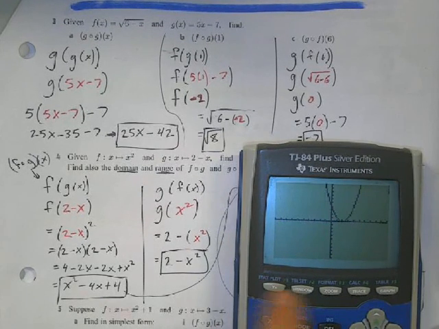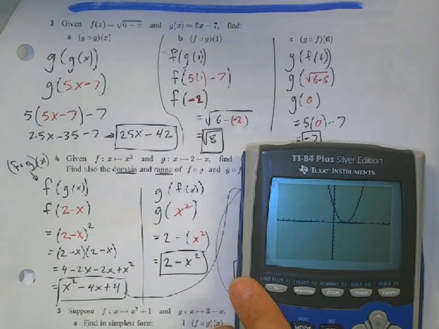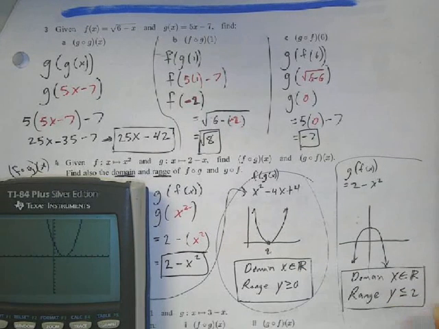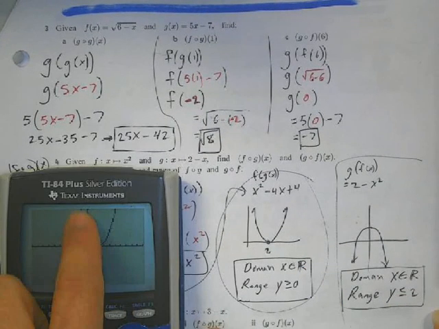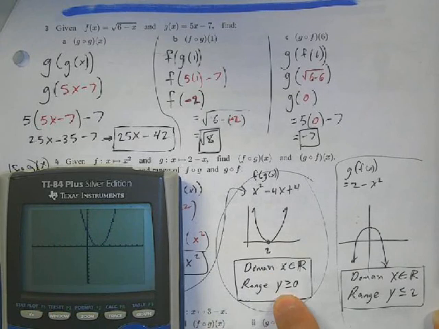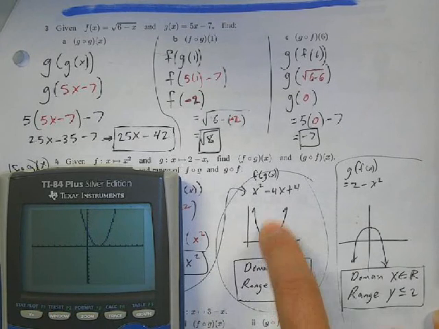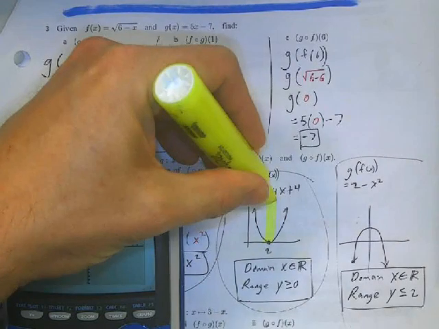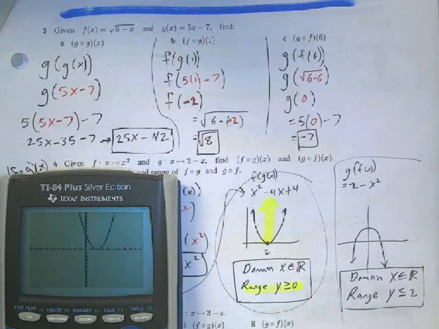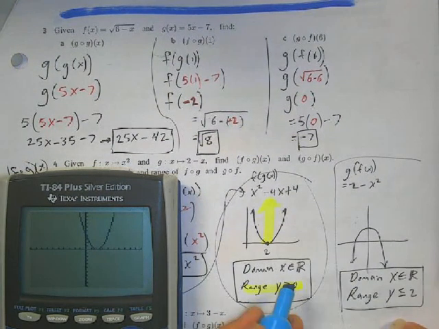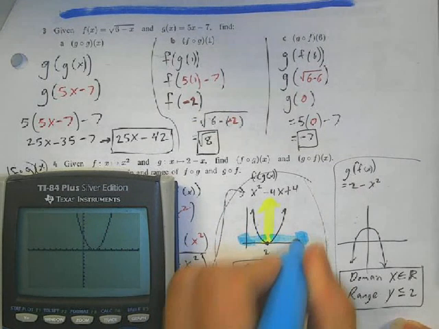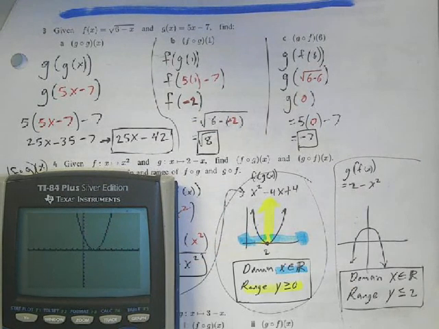We can see from my graph the domain is going to be all real numbers, and then my range is everything above y equals 0. So my range is everything higher than that, and my domain is all real numbers. It goes in all directions. I can plug in any value in for x.